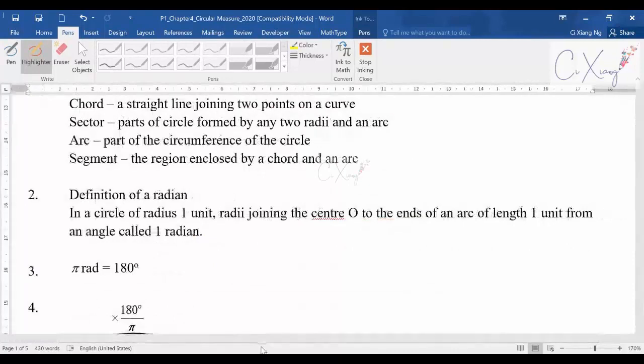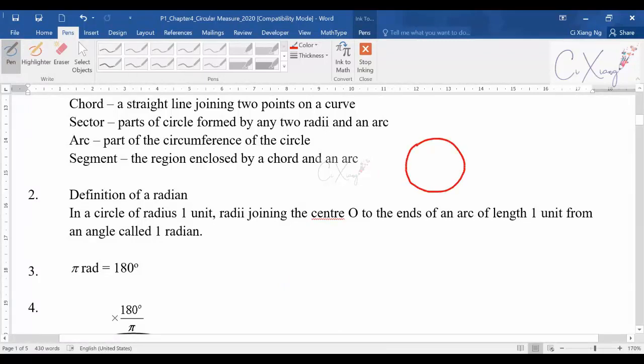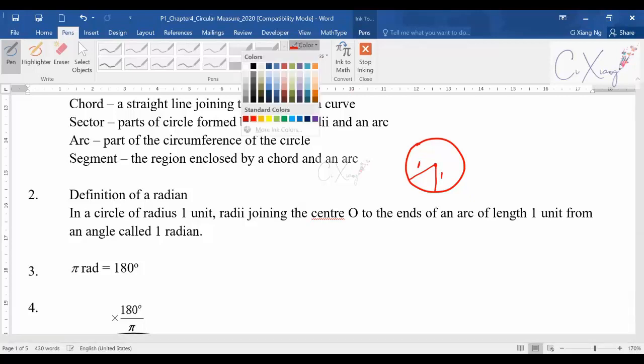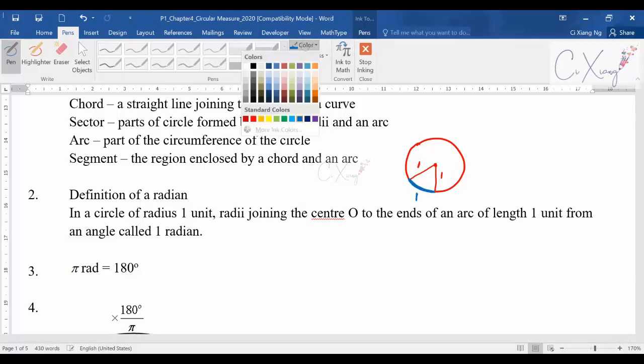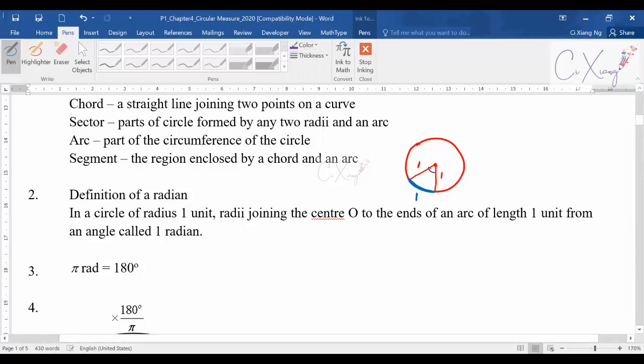When they created the unit of radian, their idea was like this. If you have a circle with a center, the radius is 1. When the radius is 1 and the length of the arc is also 1 unit, the angle we have here is also 1, and they call this 1 radian.